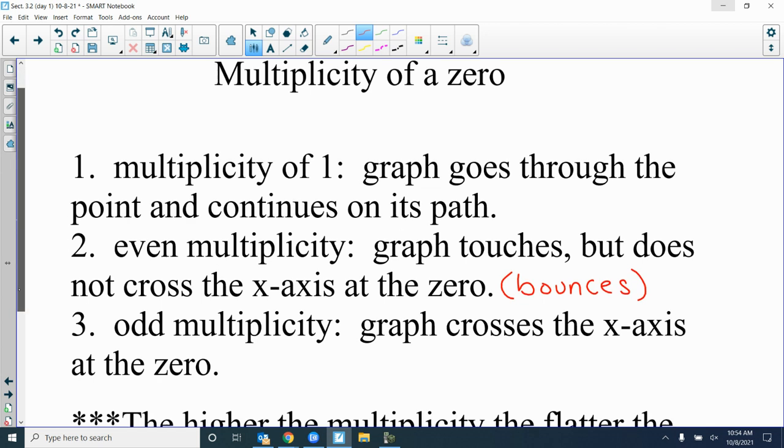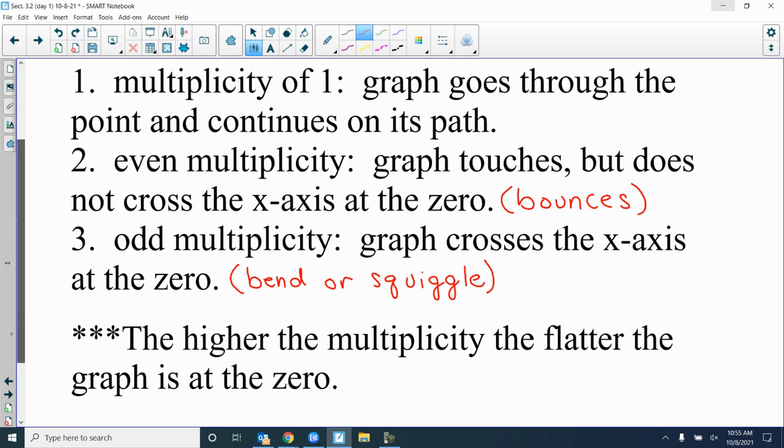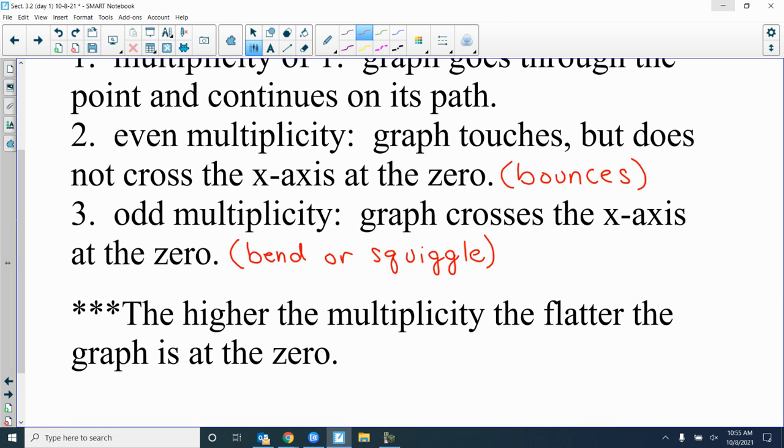If it has an odd multiplicity other than 1, like 3, 5, 7, the graph crosses the x-axis at the zero in what we call a bend, or I like to say squiggle. Not a huge deal, but here's what I'm going to tell you. The higher the multiplicity, the flatter the graph is at 0. It kind of compresses down towards it.